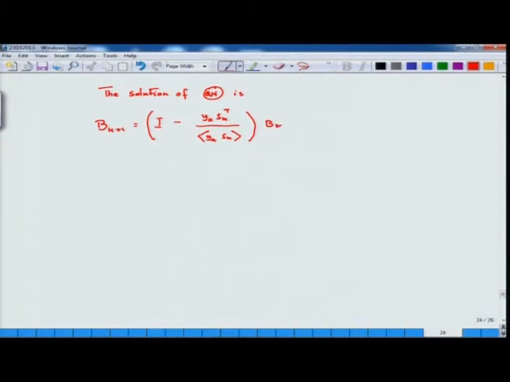Looks elegant that such a complicated looking thing would give such a nice result. So, these are matrices.